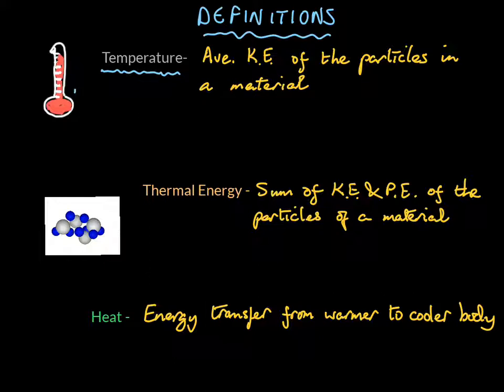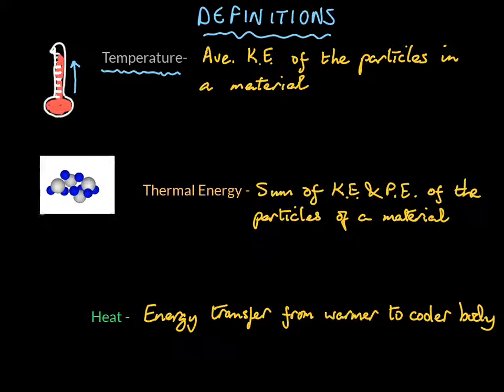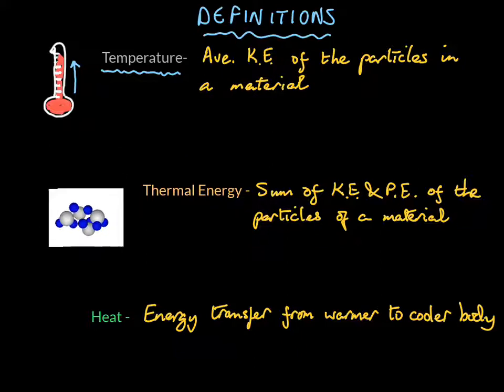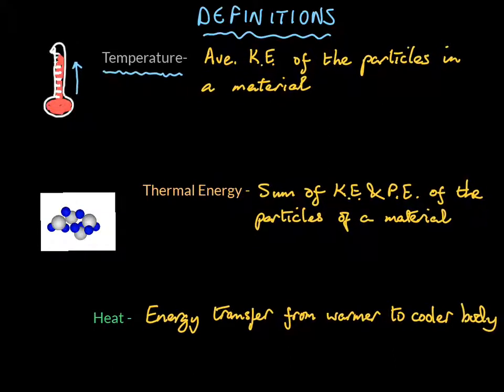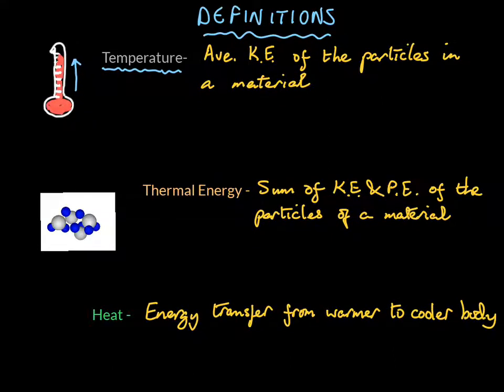And if we look at a basic thermometer, what happens is the molecules inside the thermometer, those red molecules inside the thermometer, as they get hotter, that kinetic energy starts increasing, and what we get is more and more movement of those molecules, and it causes the liquid in the thermometer to go upwards.